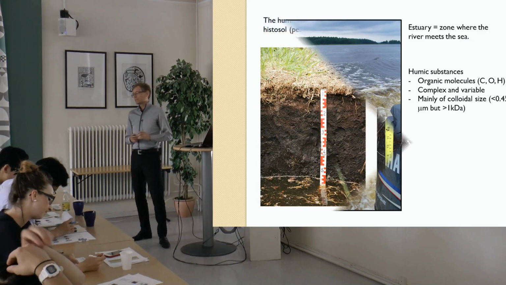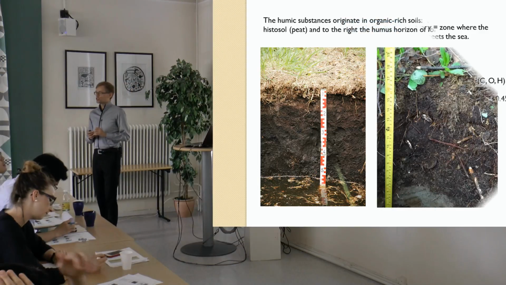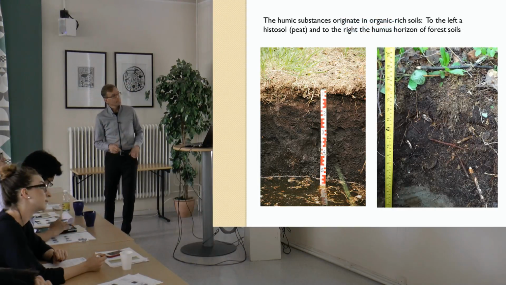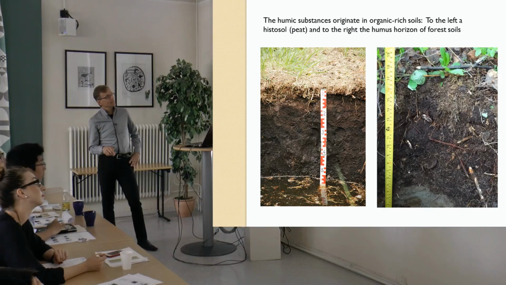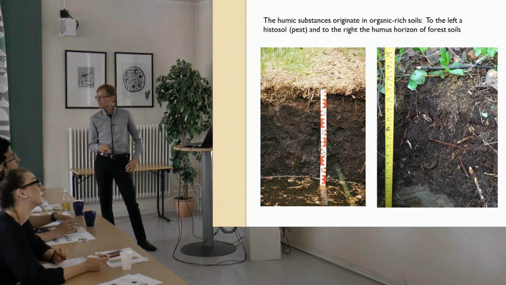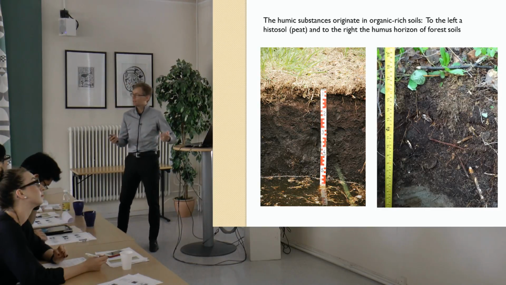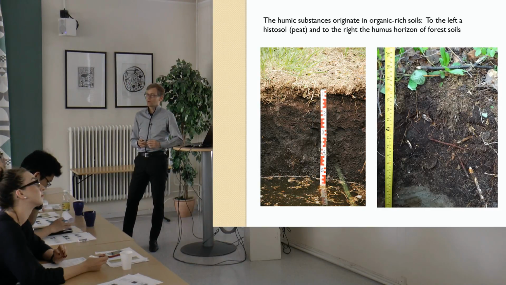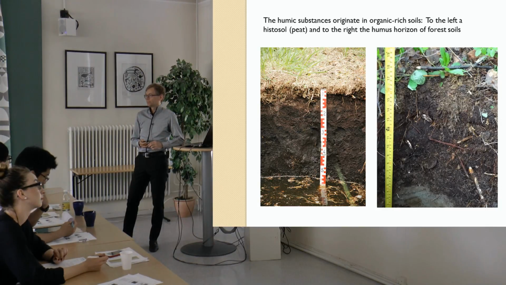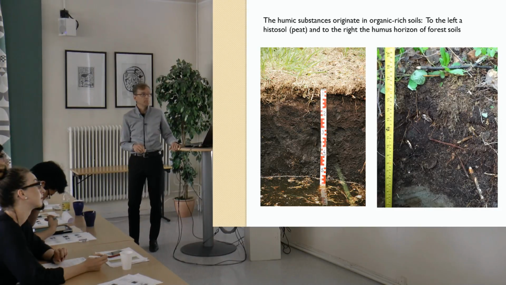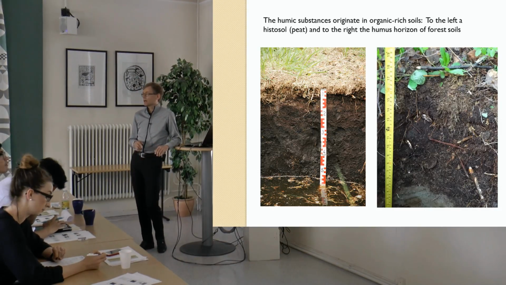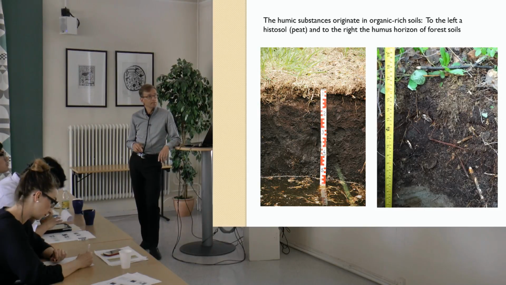And these humic substances are coming from the soils. To the left is a histosol. That is basically peat. It can be quite thick, up to 2 meters thick, and it's more or less 100% partly degraded organic material. So it's humic substances and other kinds of degraded organic matter.